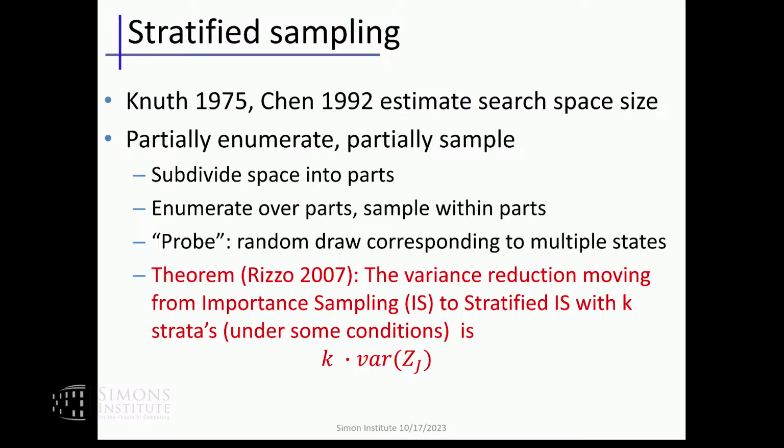It was taken later by heuristic search people to estimate the search space in advance, because you don't know when you start to solve a problem what the search space will be. So we took it further, for summation queries, to the idea of estimating the partition function. What is the idea? The idea is to subdivide the search tree into parts and to generate one sample from each part. So you are generating a tree.